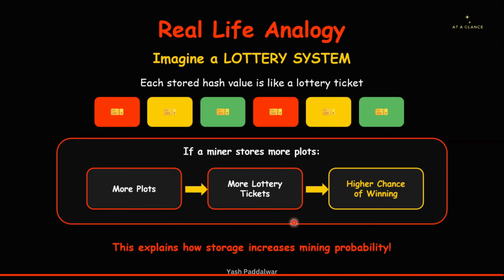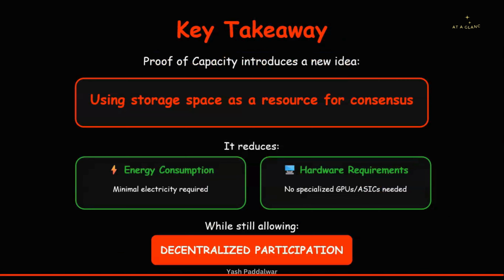Since more lottery tickets are with that particular person, person A has higher chances of winning. Like this, it happens inside the PoC, that is the proof of capacity consensus mechanism. I hope now you are able to relate it, and I hope you have understood the entire concept.